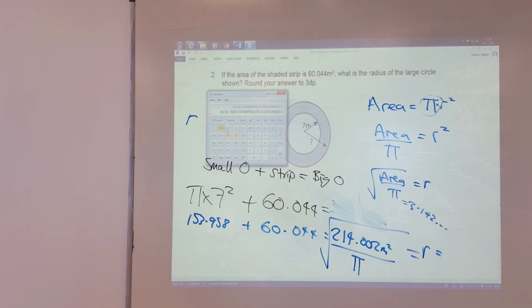No, that didn't work. Oh, it's square root there. So what did I have? 214.002 divided by pi equals, square root that answer, 8.253.